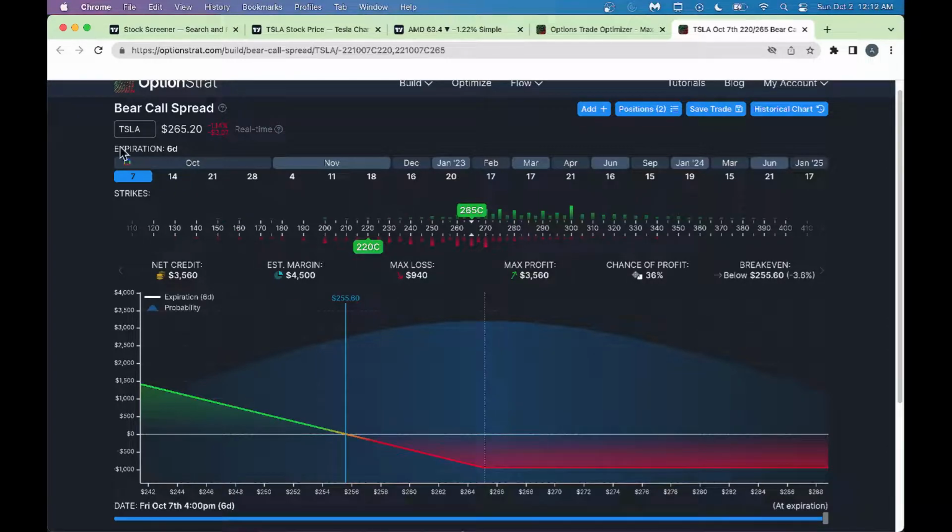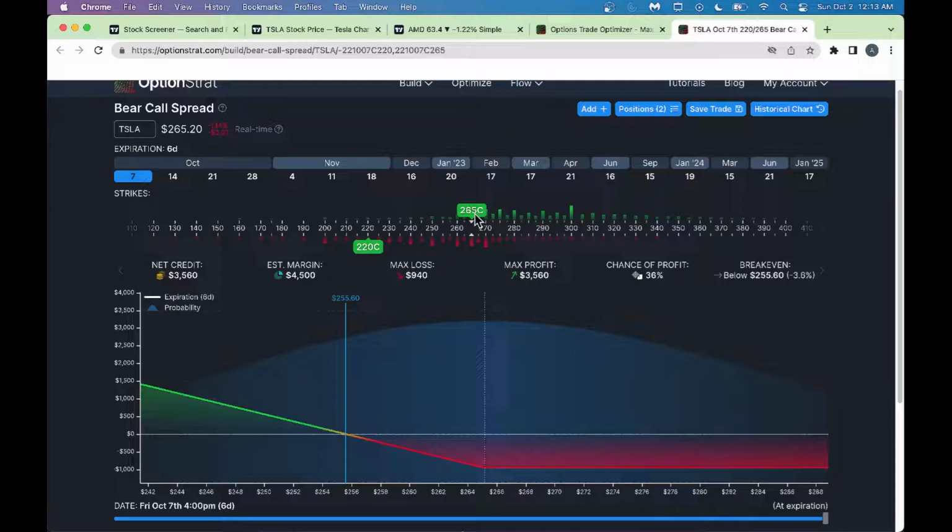It has basically gone with a 6 days expiration cycle. Expiration is 6 days here, and look, we got 7th of October highlighted, which is 6 days out. And it's also suggesting what you can do here. What it's suggesting is really, even though Tesla is 265, as you can see here, you could do 265 right now.